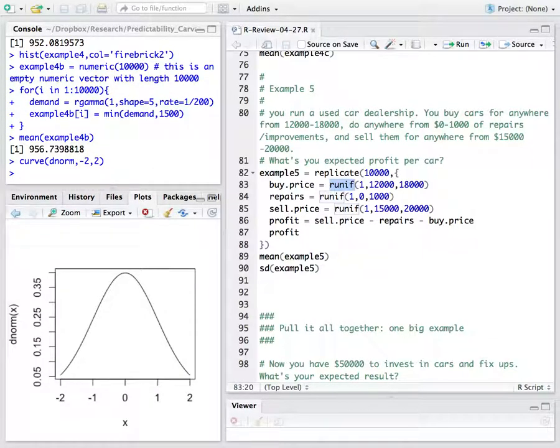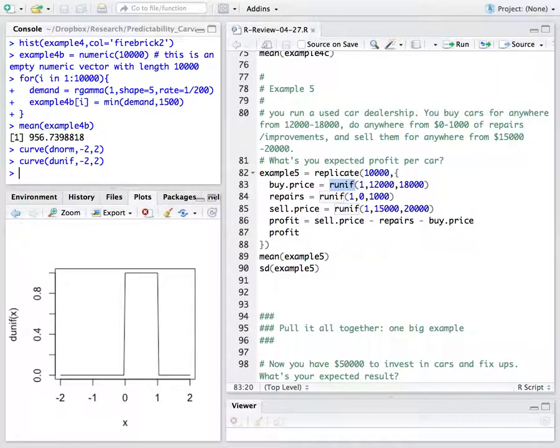Instead of a pretty bell curve like we get with a normal distribution, a uniform distribution is just a block. So in this case, it's a uniform 0, 1. So we have equal probability for all values between 0 and 1, and no probability for any values outside of 0 or 1.